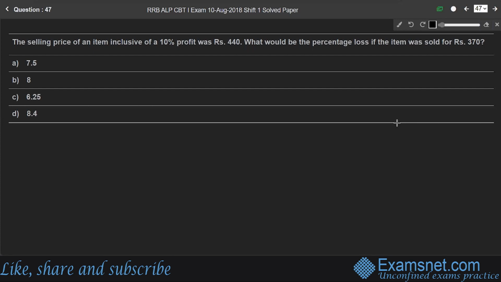Then we can easily find the percentage loss when it was sold for 370 rupees. Let us consider the formula for profit and loss percentage. Profit percentage is equal to selling price minus cost price over the cost price into 100.